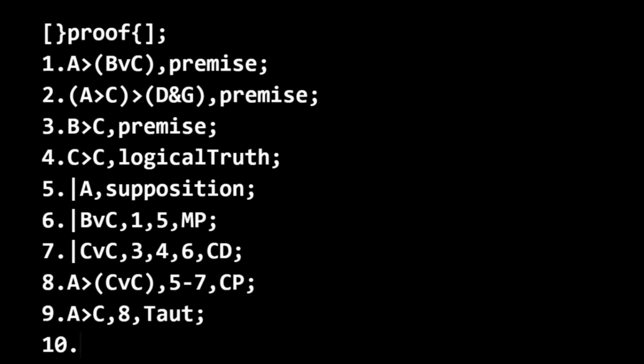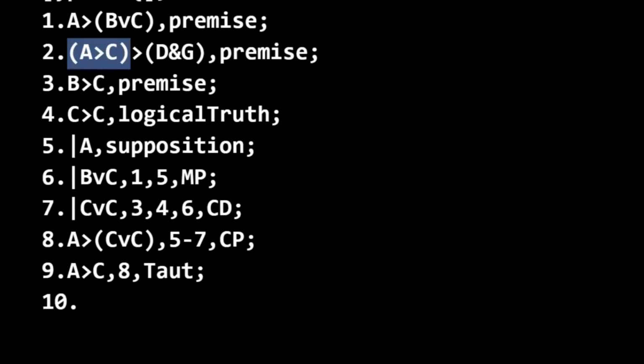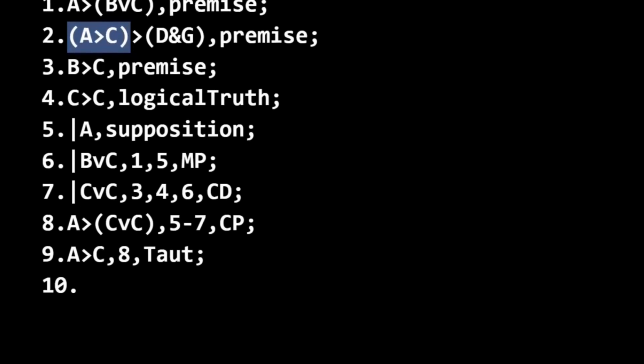Okay. And now we have the antecedent of line 2 in line 9. So we can use modus ponens and we get D and G. Lines 2, 9, and modus ponens.